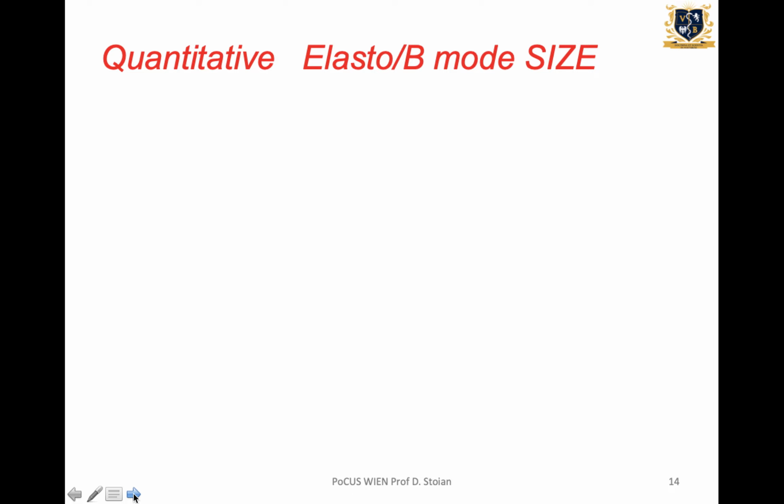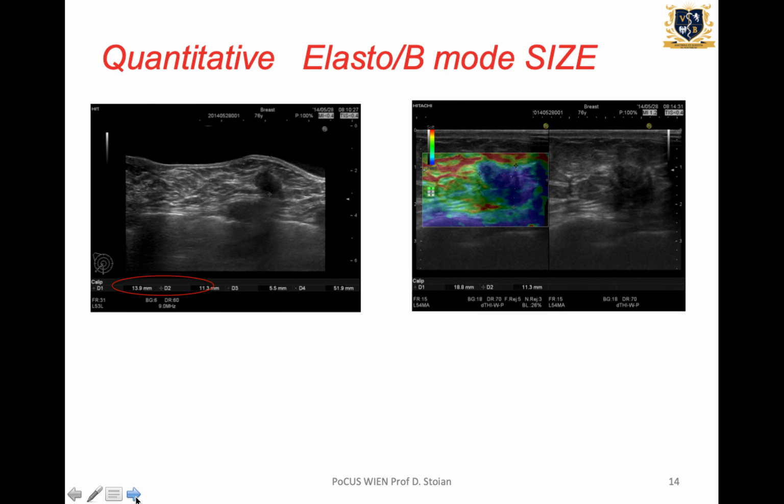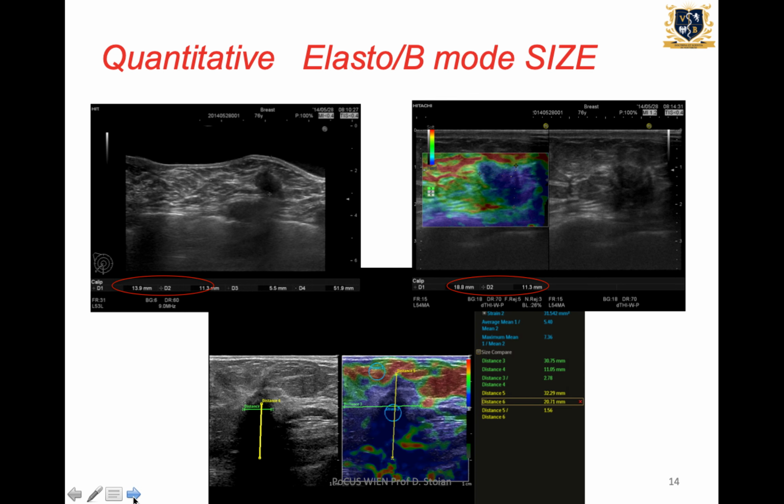Another quantitative measurement is the ratio between the elastography size and the grayscale or B-mode size. For example, in this situation, grayscale is 13 millimeters and 11 millimeters, and in elastography, the length of the lesion is 18 millimeters and the height of the lesion is 11 millimeters.